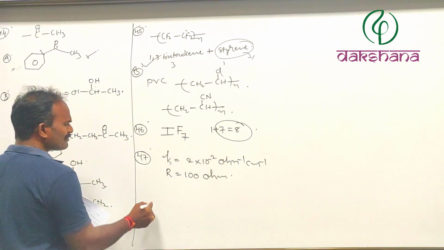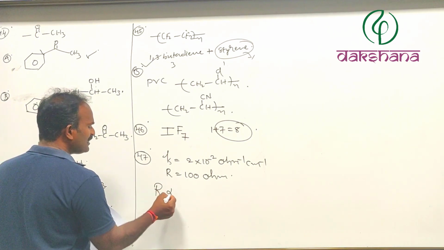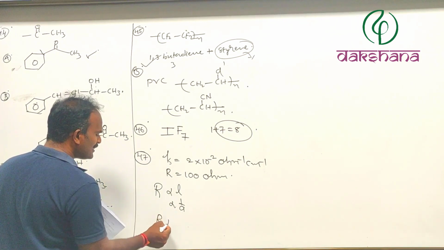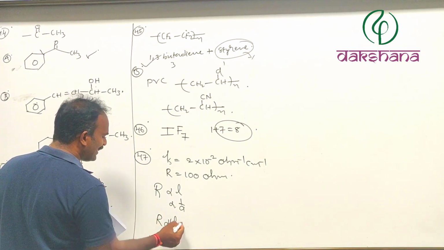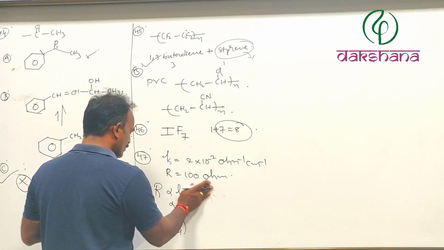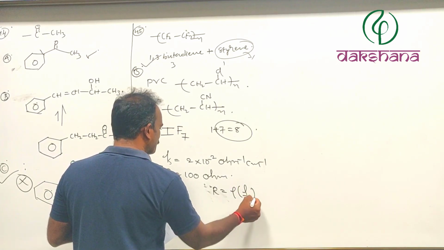We should remember the formula. R is directly proportional to L and inversely proportional to A. Therefore, R is directly proportional to L divided by A, or R is equal to rho into L divided by A.